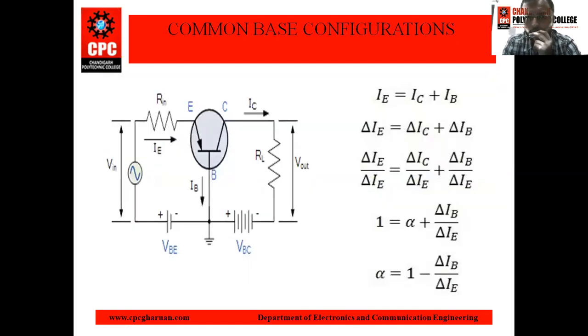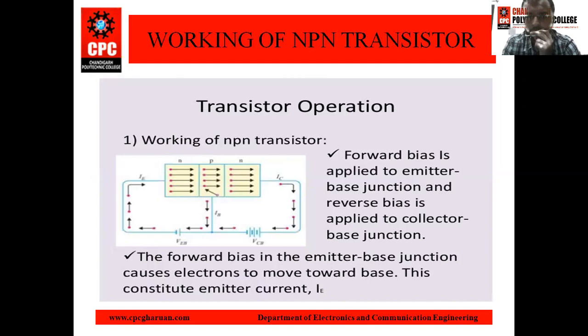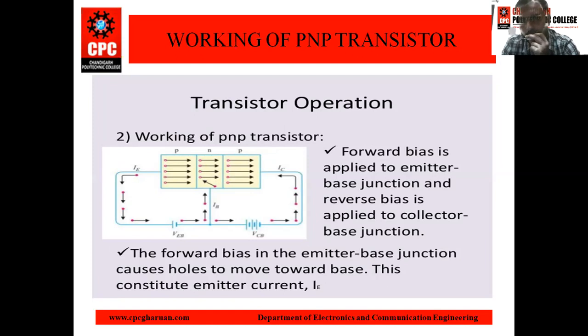In the working of the NPN transistor, 95% of electrons go to the collector side. In the working of the PNP transistor, 95% of holes go to the collector side to flow IC. The same as before, the formula output of this working is IE is equal to IB plus IC.